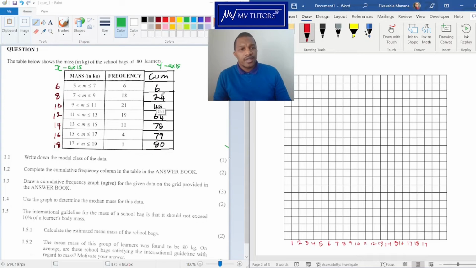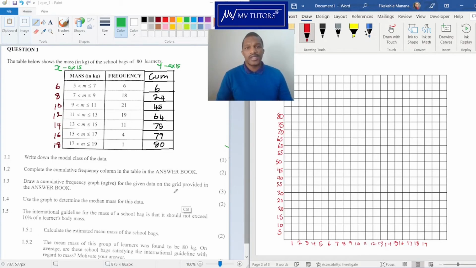And then on the y-axis, we have to go up to 80. Let's go up in 5s: 5, 10, 15, 20, 25, 30, 35, 40, 45, 50, 55, 60, 65, 70, 75, and then 80.